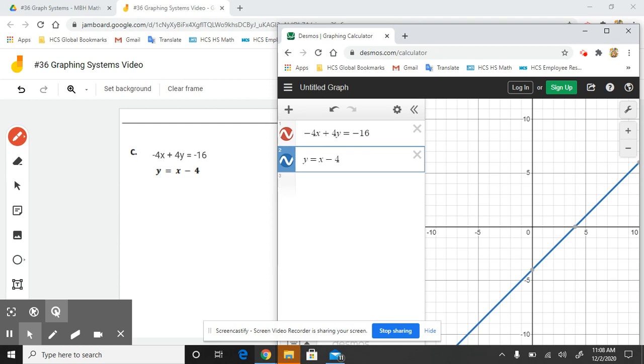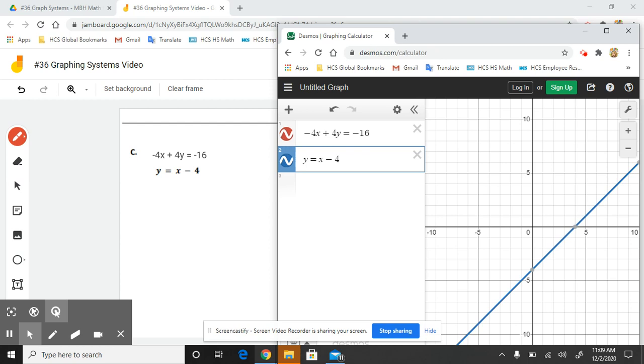So that means if one line is on top of the other, how many times are you going to touch? Or how many times will these lines continue to have the same points where they cross or meet?